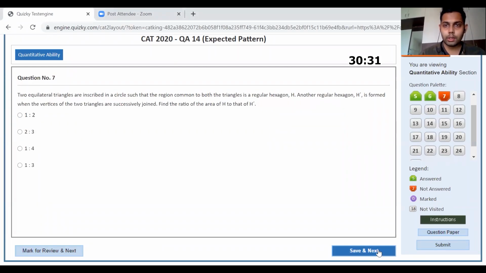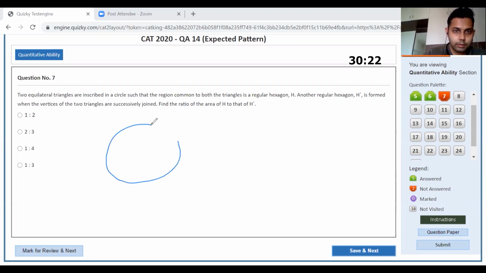Okay, we've permuted. We don't care about the combinations. So 2 equilateral triangles are inscribed in a circle. Let's say this is 1, and how is the second one inscribed? Okay, the area is common, so it can be done only one way, like this, right?